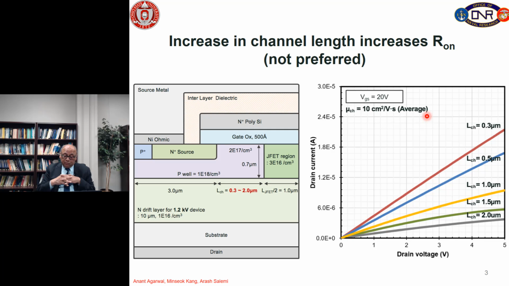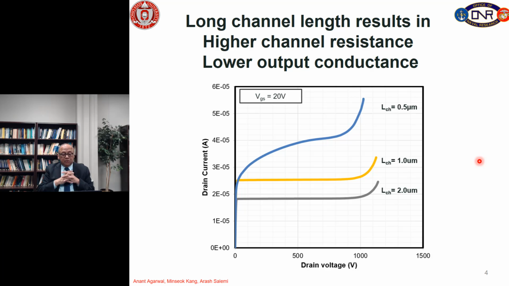So, we have a big disadvantage in silicon carbide devices, but we make up for that by using short channel length. Now, when we use short channel length, we have another problem that comes up, and that's the saturation current is very high.